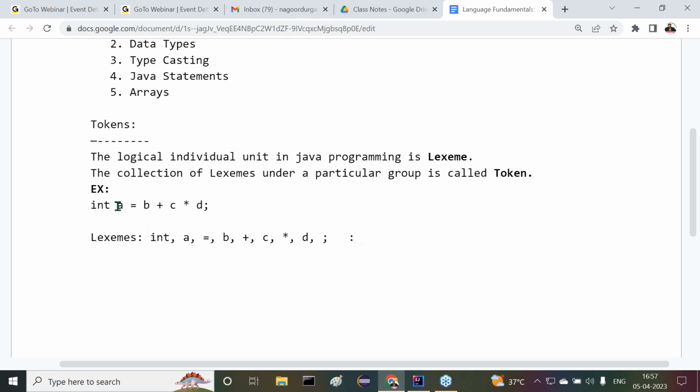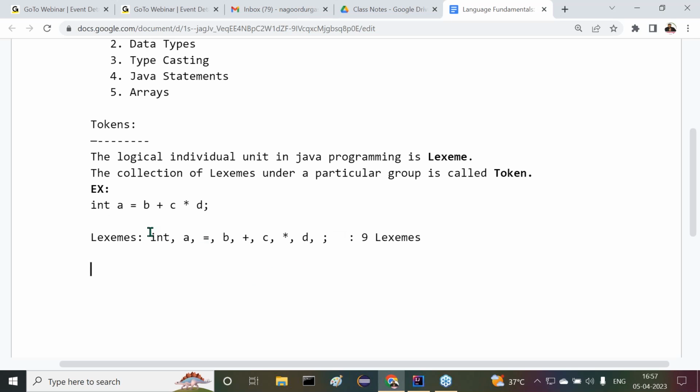If you observe this: 1, 2, 3, 4, 5, 6, 7, 8, 9. Overall, 9 lexemes exist. Each and every individual logical unit in Java programming is a lexeme. Each and every logical unit is a lexeme.